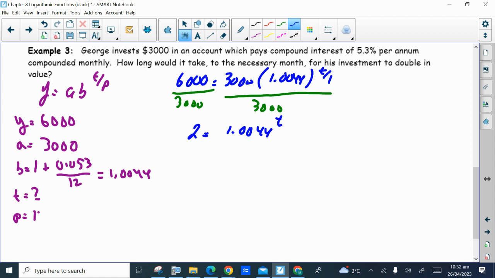And now to solve this, we will convert from exponential to logarithmic by starting with the base and cycling through.